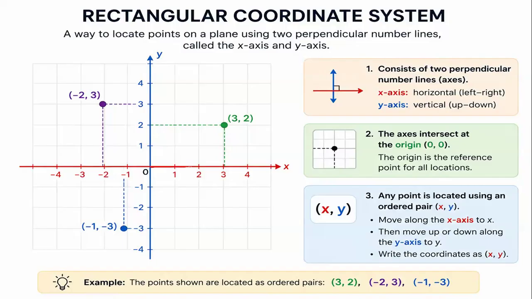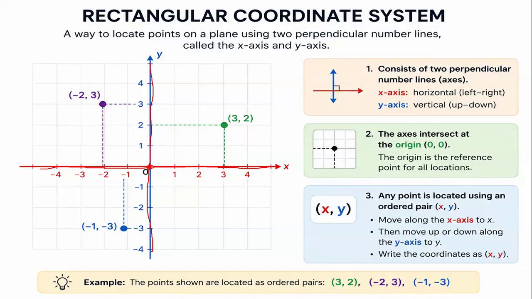As you know, the x-axis goes left to right, and the y-axis goes from top to bottom. These lines cross at the center, and this is our origin, as we talked about earlier.